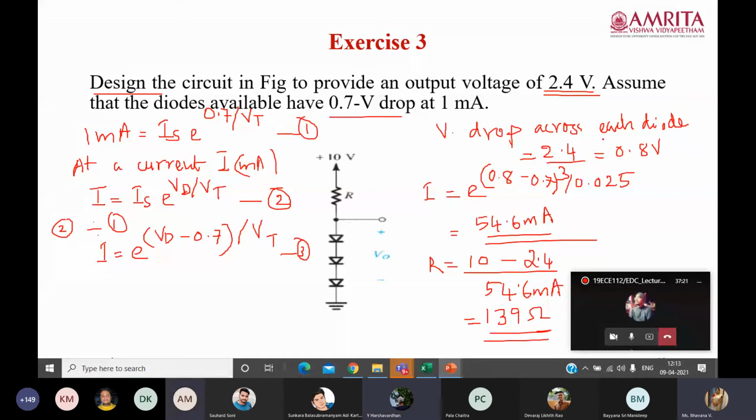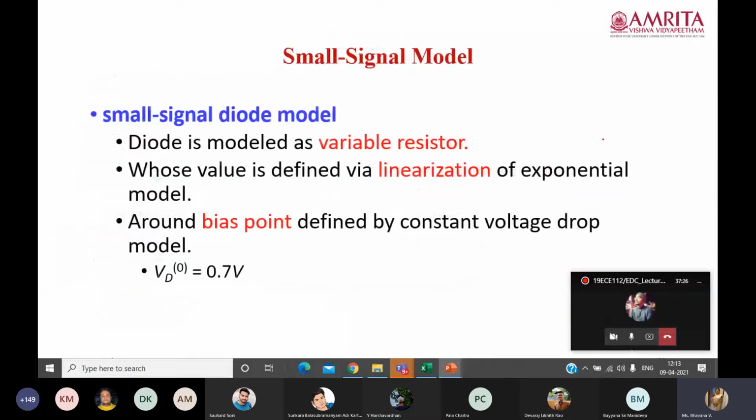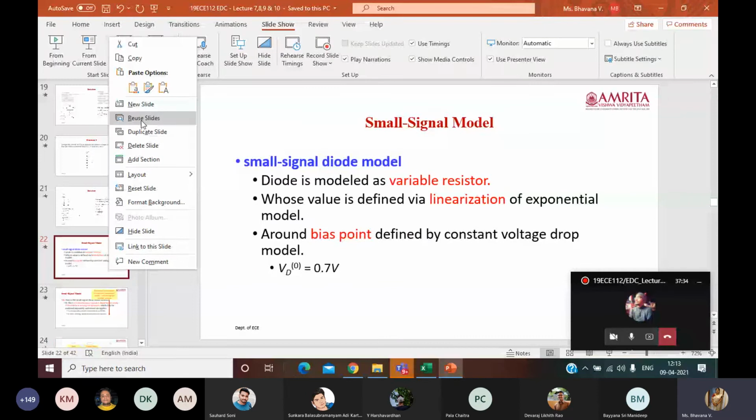Yes, ma'am. Shall I move ahead with the last model and the most important model? Small signal model. Please take down. Take a new slide and explain.